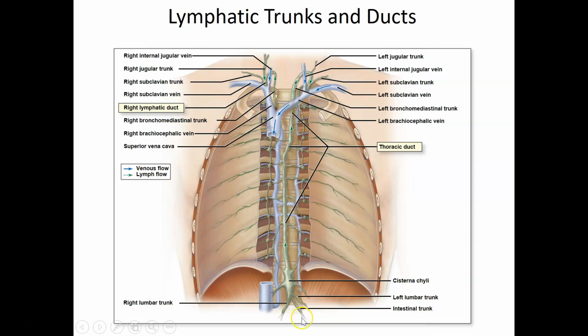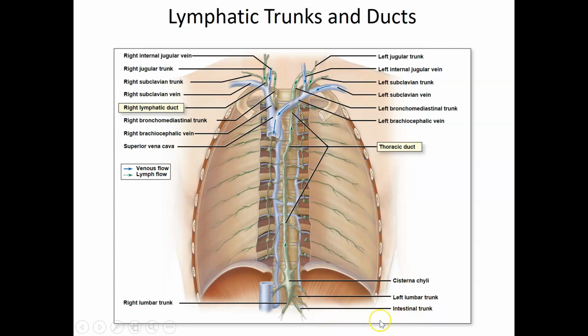And this is going to branch, and those branches are going to feed into collecting vessels and eventually into lymphatic capillaries that are in most of the abdominal organs. The right lumbar trunk and left lumbar trunk are going to drain from the legs and the pelvic organs.